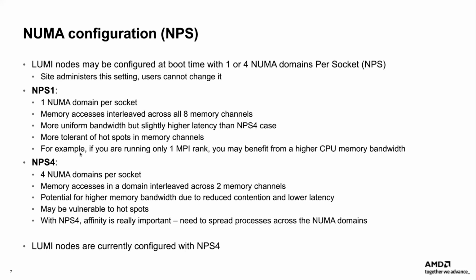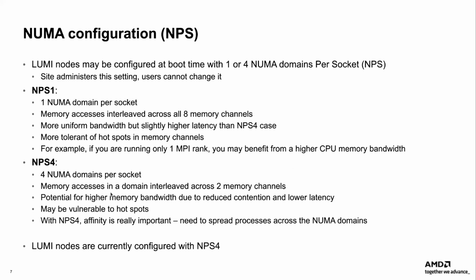Let's take an example. If you're running only one MPI rank, you may benefit from a higher CPU memory bandwidth because you have all of the memory channels available for use in the NPS1 case. Whereas in the NPS4 case, we have 4 NUMA domains per socket, like we saw in the LUMI node example in the previous slide. So in each NUMA domain, there are 16 CPU cores and 2 memory controllers.